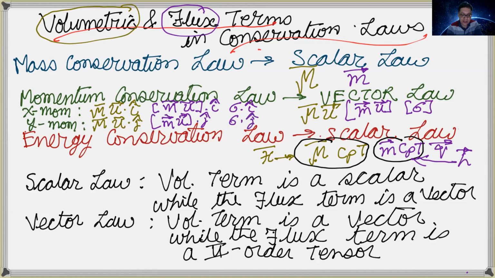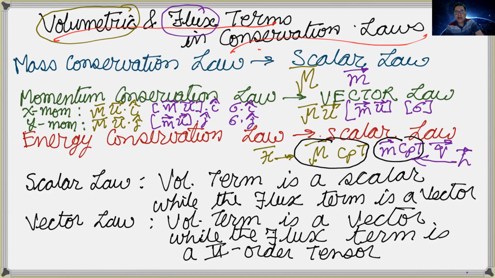So for x momentum, whenever you take the dot product of the volumetric term with i and j, it becomes a scalar. Whereas if you take the dot product for the second order tensor, it gets converted into a vector. So even though in a momentum conservation law the volumetric term is a vector and the flux term is a second order tensor, because you apply this vector law component by component, their order gets reduced.